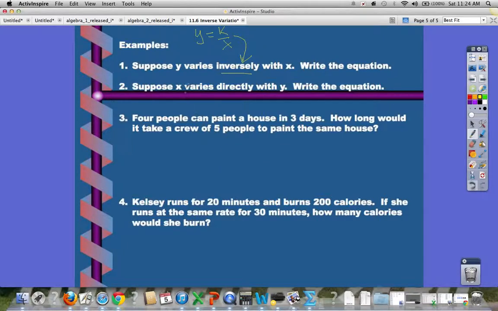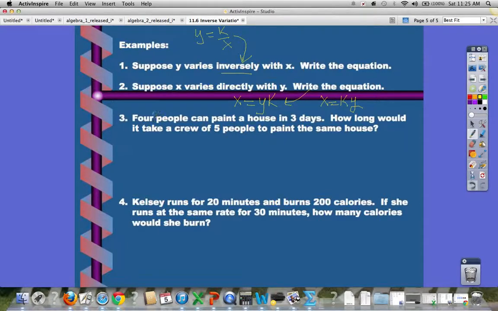All right, this one says, suppose x varies directly as y. All right, so we're going to be x varies directly. That's going to look like this, and of course you have your k in there for your constant. This is an equation of a direct variation. Most of the time you'll see it written with the k right beside the equal sign. Okay, but they're the same thing.